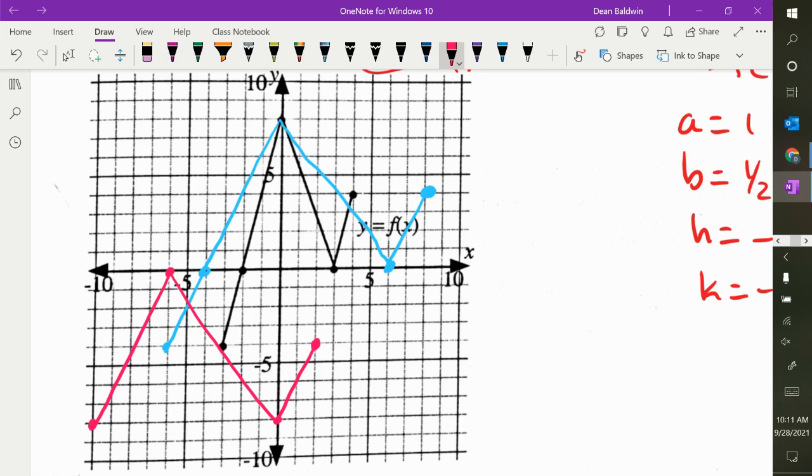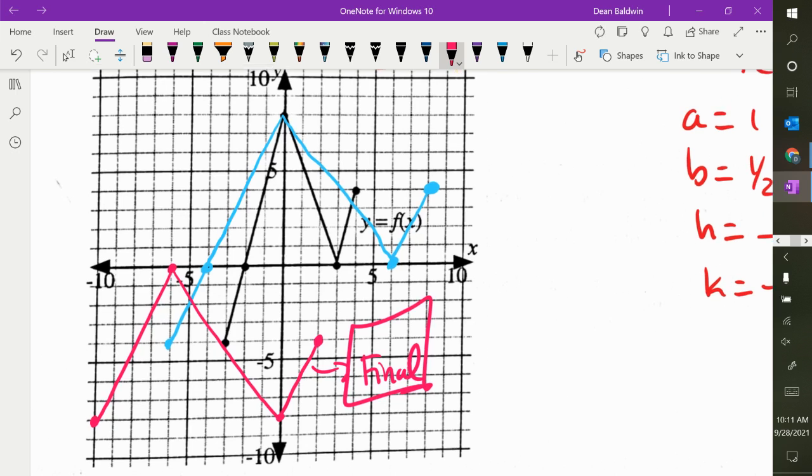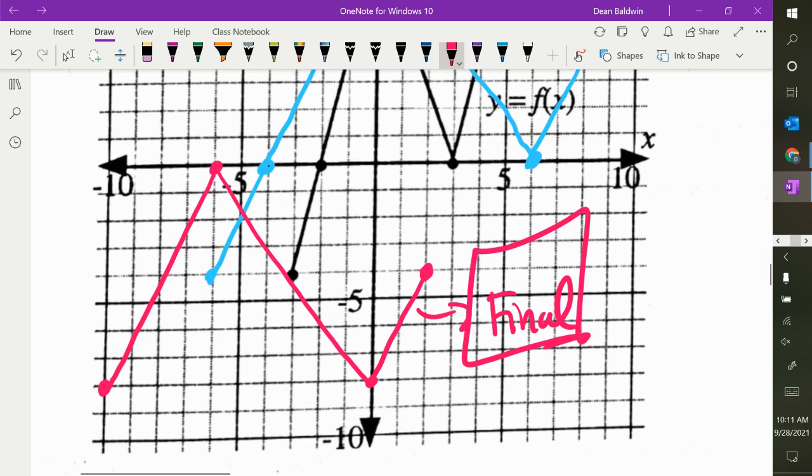There's your final graph. Red one. How's that? Is that okay?